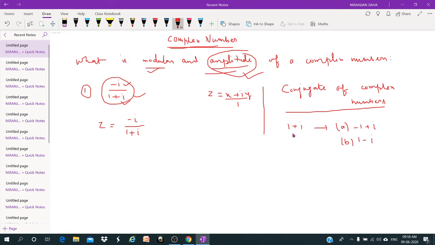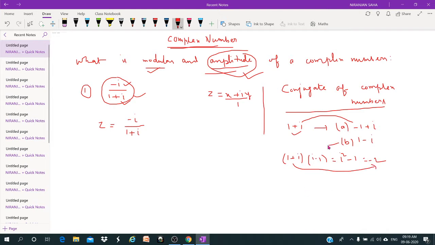If we multiply 1 plus iota by the first type, we get iota square minus 1, which will be minus 2, since iota square is equal to minus 1. You can see that this transforms the complex number into a real number.